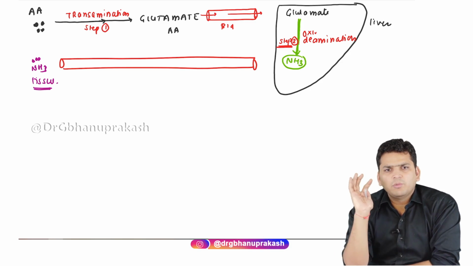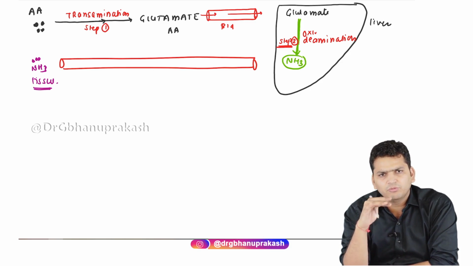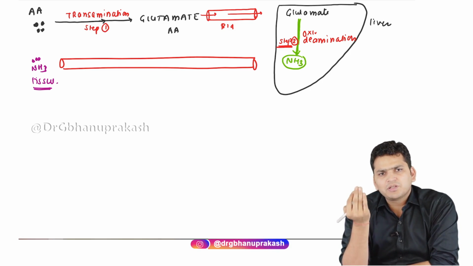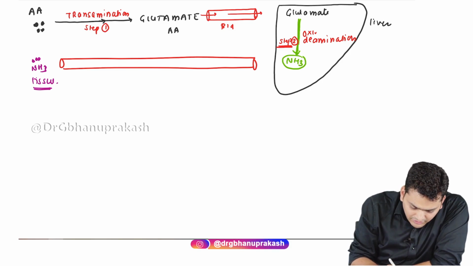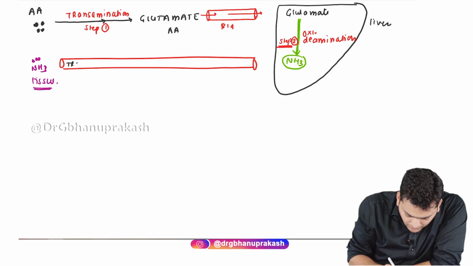We cannot transport the ammonia directly via blood. The reason is it's a very toxic substance. If it comes into the systemic circulation, the clinical manifestation of hyperammonemia will appear. So what we need are certain special transporters. Now what will these transporters do? Different tissues will have different types of transporters.